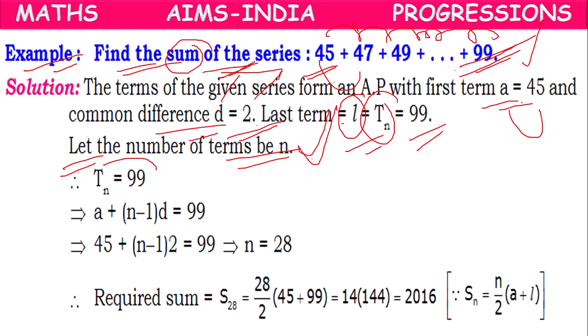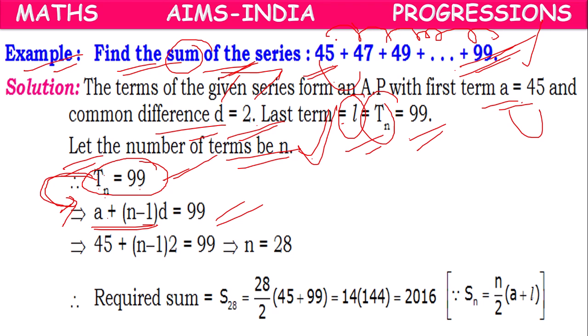So then we can represent it as Tn equal to 99. The formula for Tn, here Tn is the general term or nth term, whose formula is a plus n minus 1 into d equal to 99.